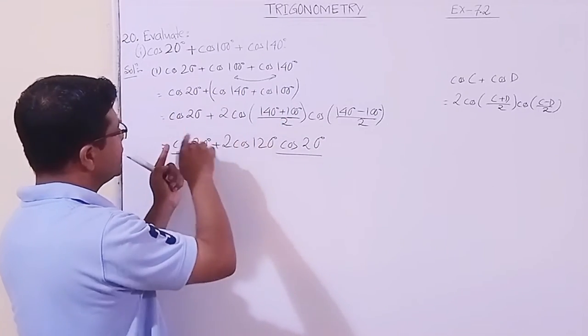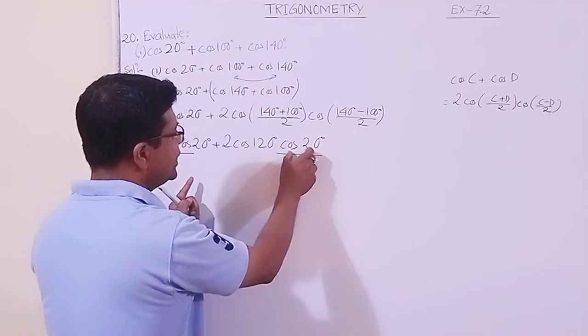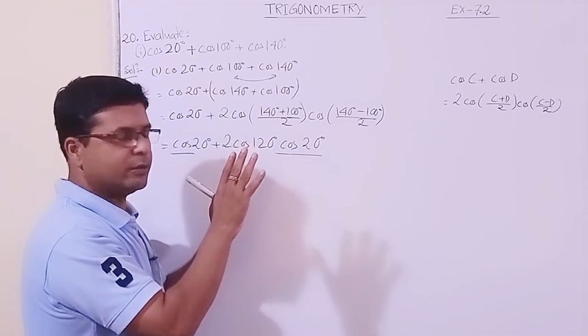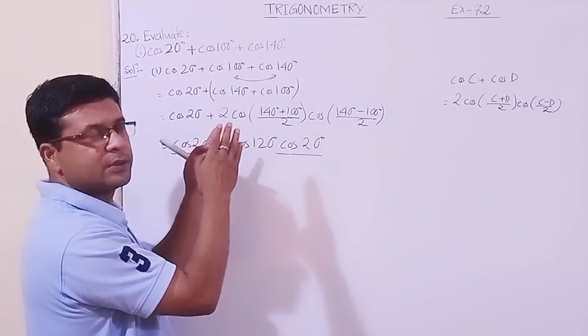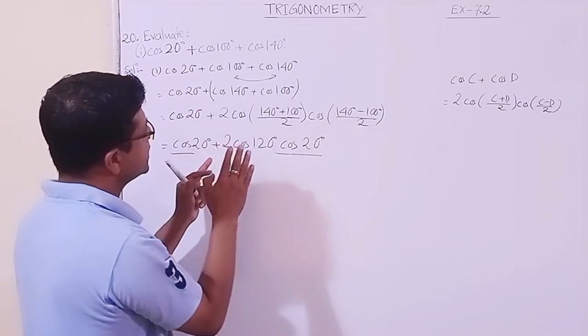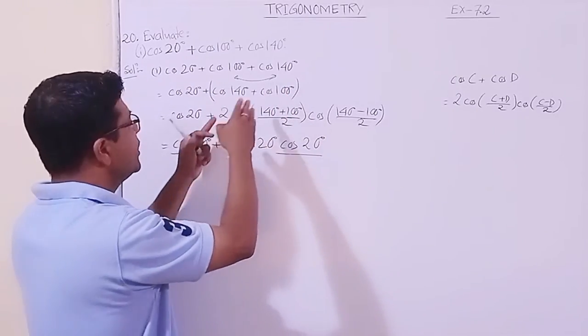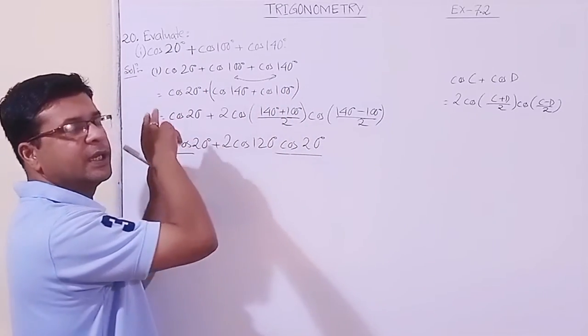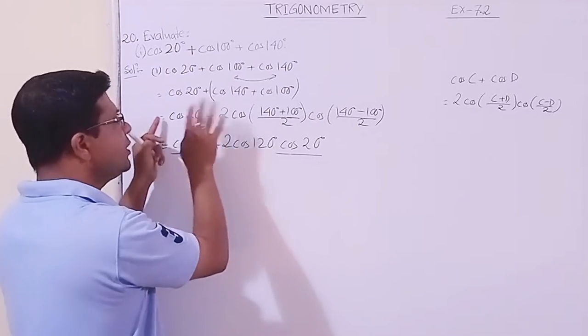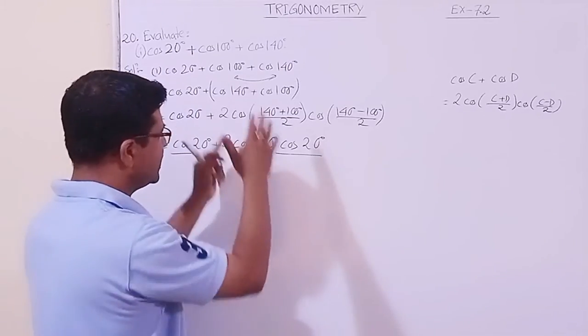So at first we thought that we have to get this 20. In some cases we may not get it, but here we are getting it. That's why this combination we have taken. So after some practice you will understand which combination we have to take. Always choose that pair where we may get the third one, and there are some cases where we may not get it, then we will apply as usual.